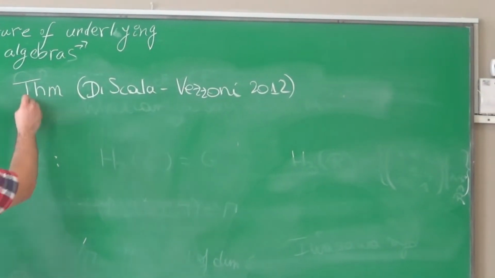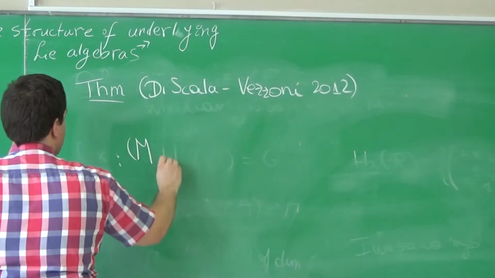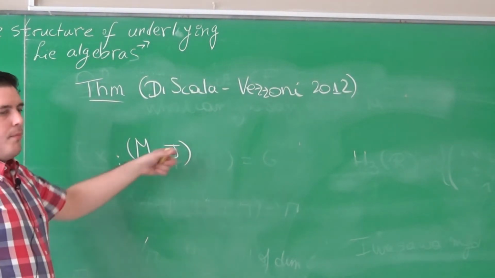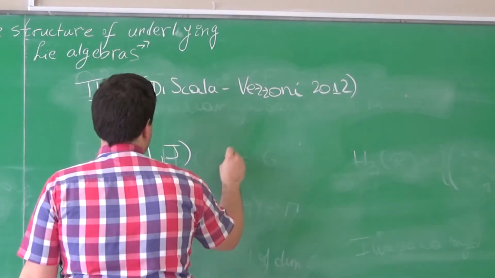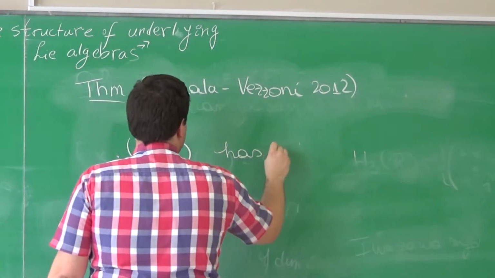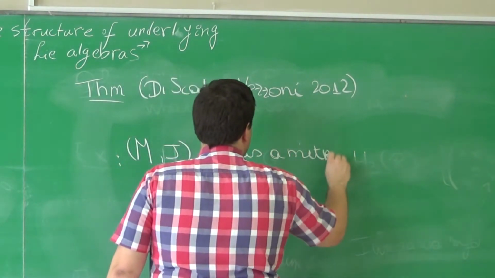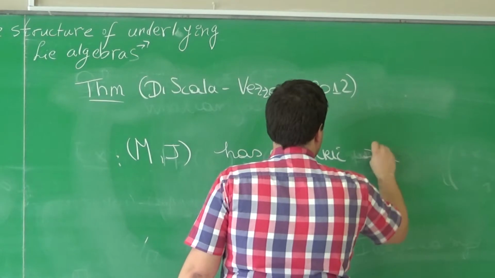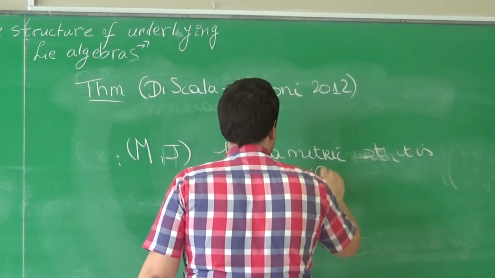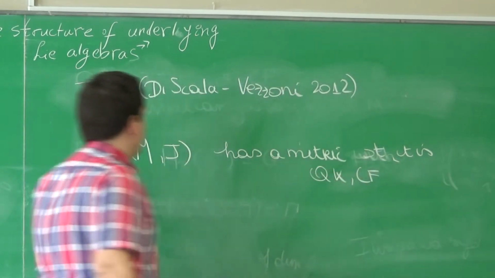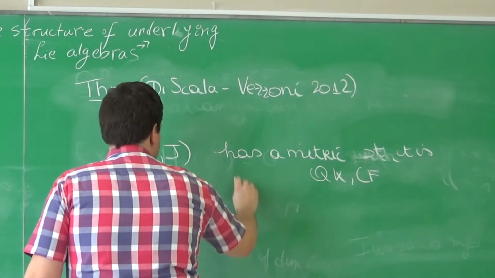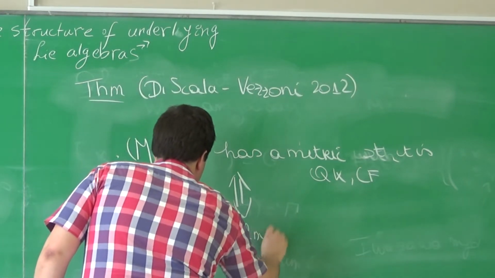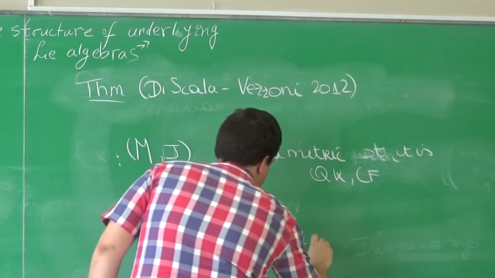They say, suppose you have some manifold M with an almost complex structure J, then there will exist on this manifold a metric such that it is quasi-Kähler and Chern flat. This condition is equivalent to the fact that this M is a nilmanifold of nilpotency class 2.